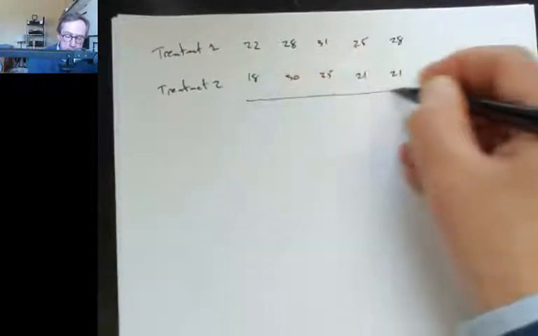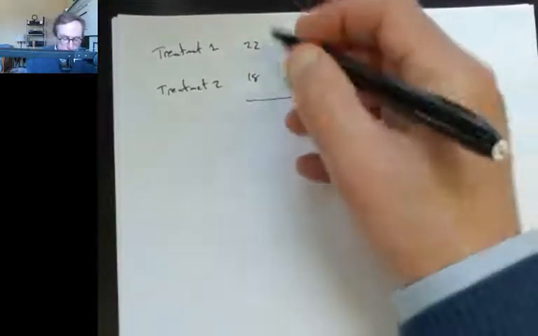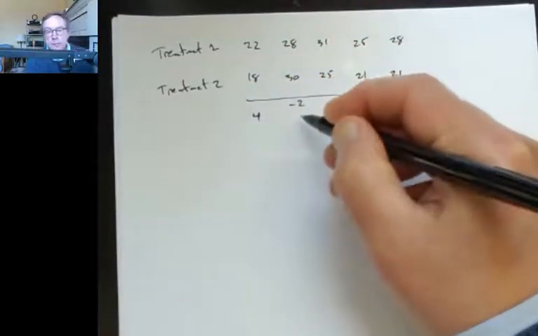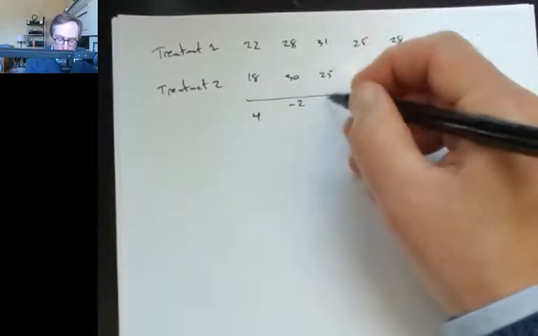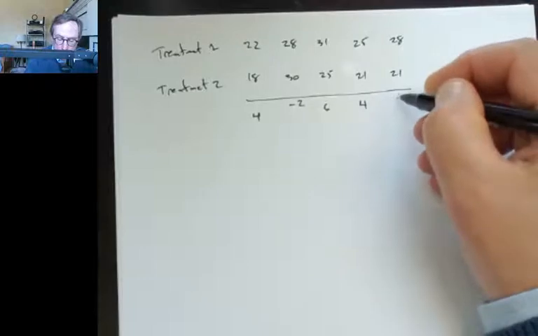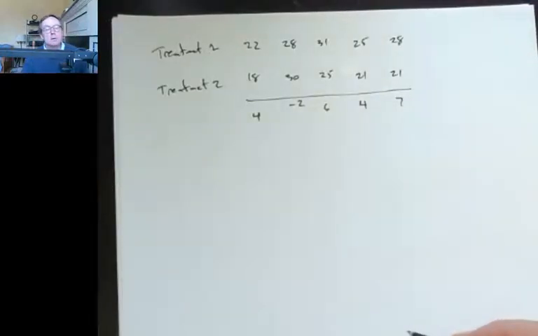They want me to take the differences, so I'm going to do the subtraction. Let's see how I do that. So 4, negative 2. So you got to remember the negatives. 6, 4, and 7. Okay.